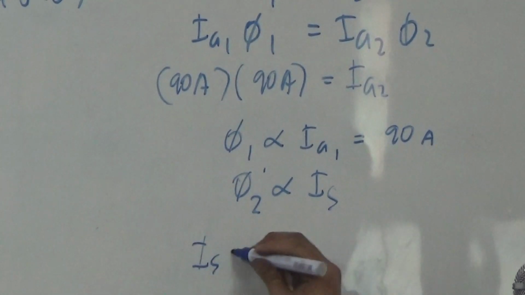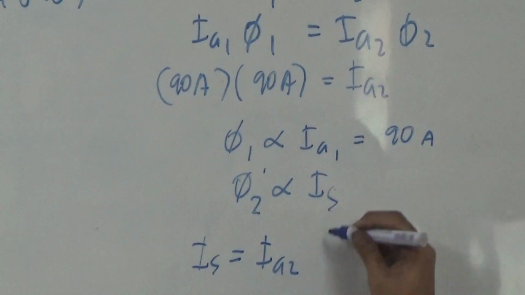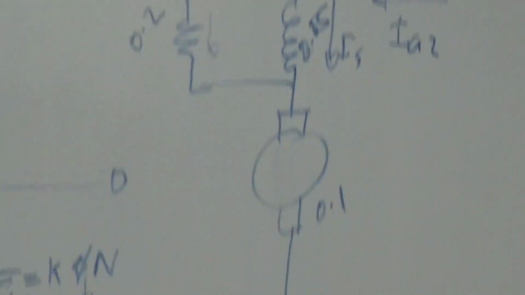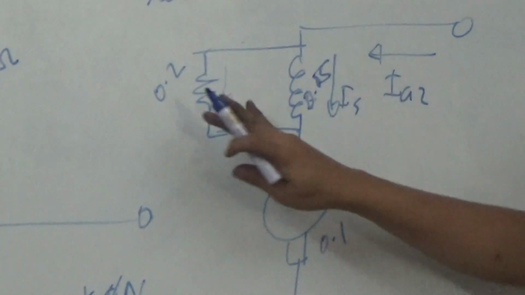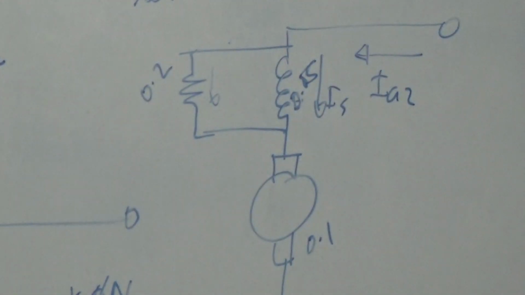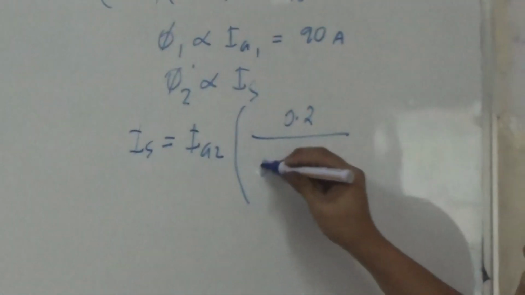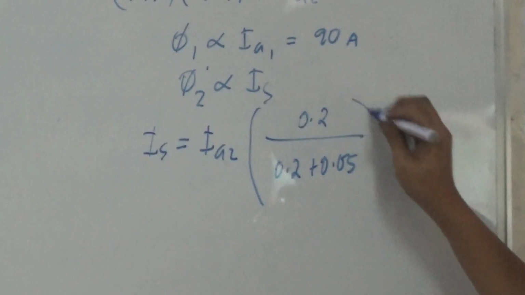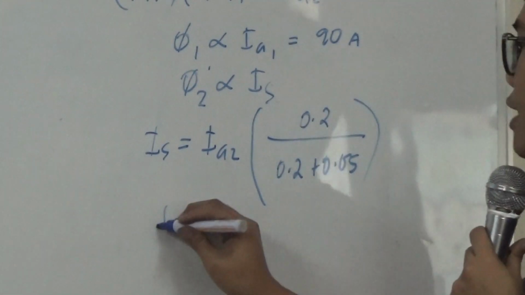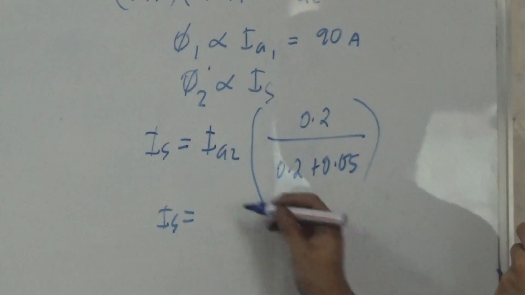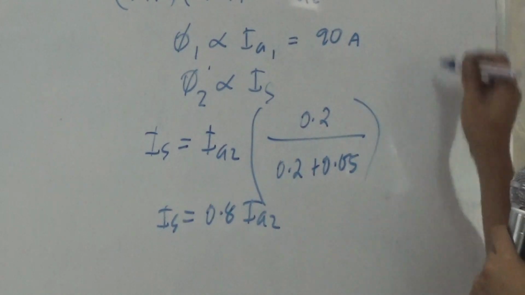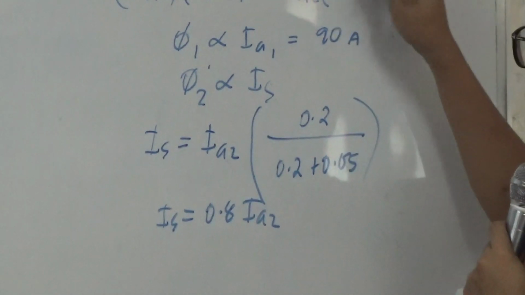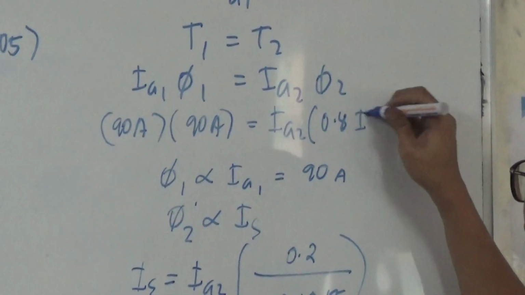IS now is equals to IA2 multiplied by current divider principle. Ang factor is 0.2 divided by 0.2 plus 0.05. So, IS is equals to 0.8 ng IA2.